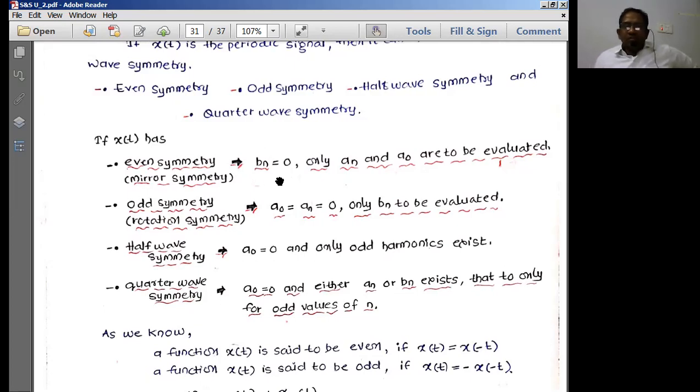Therefore, bn becomes equal to 0, and only an and a0 are evaluated in the case of even symmetry. Even symmetry can also be called mirror symmetry, something like a mirror image. We'll discuss this even symmetry in terms of the waveform.